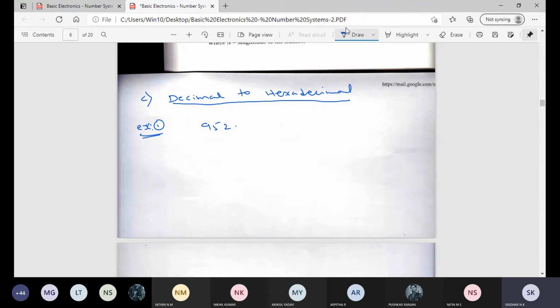You need to convert it to hexadecimal, that means base 10 to base 16. What is the procedure? 952 is the integer part of the given number. The required base is 16, so divide by 16. We have to do successive division for the integer part.